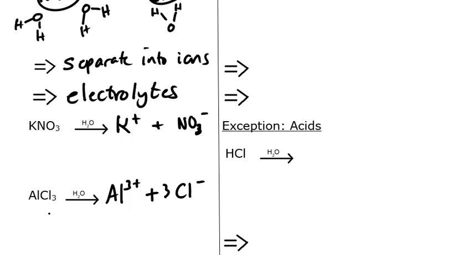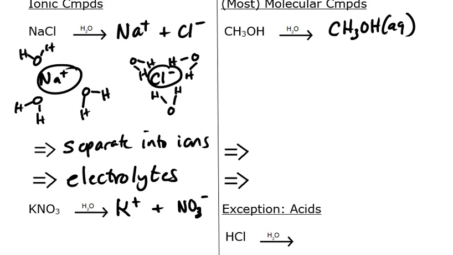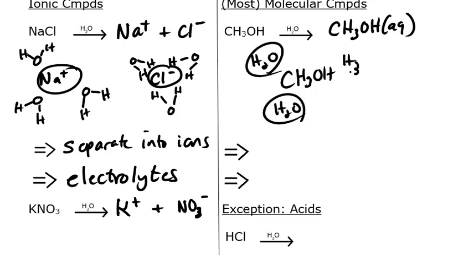All right, so that's what ionic compounds do. They separate into their ions in water. The molecular compounds, we said most of them do not separate. So when you put methanol in water, you'll get a methanol molecule, and you'll get water around it, but there's just the one methanol.